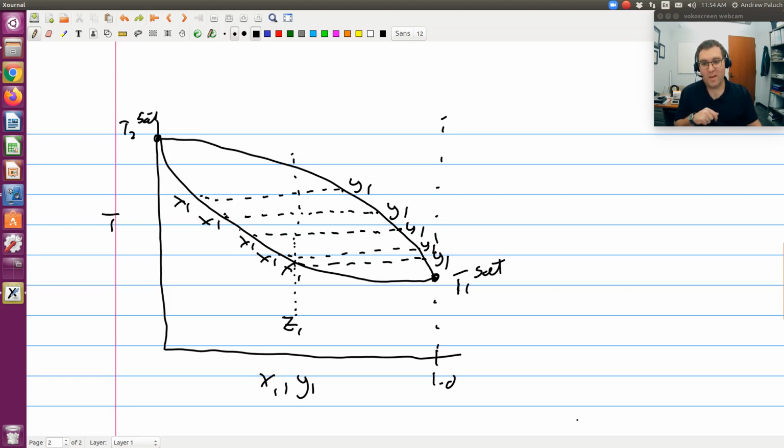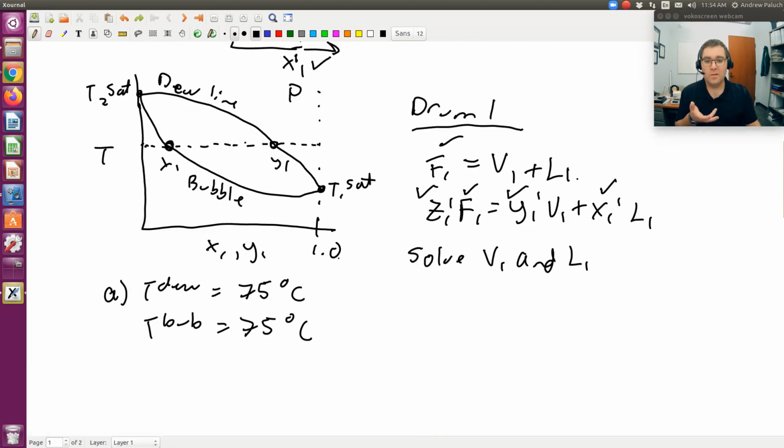So I could, in theory, further decrease the concentration of X1 in the liquid phase, making that liquid more pure in the least volatile component. And that's essentially the strategy being done here.